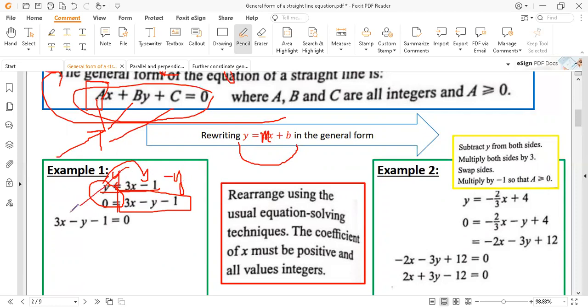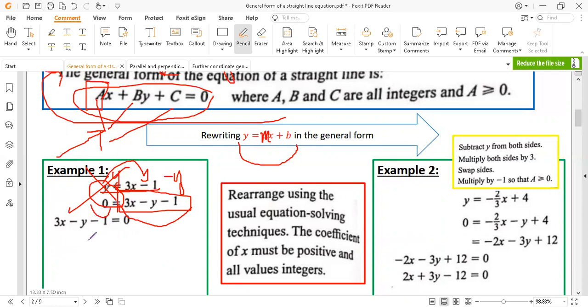So y minus y, they will cancel each other, and we will obtain 3x minus y minus 1. We arrange the terms, after obtaining 0 equal to 3x minus y minus 1. So normally we have one side where all the terms are located, 3x minus y minus 1, and the other side equal to 0.